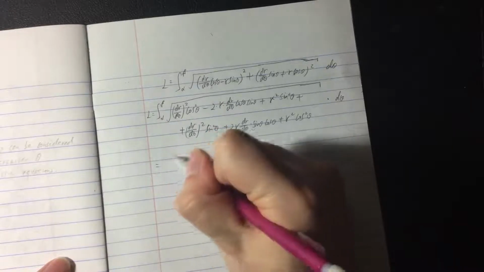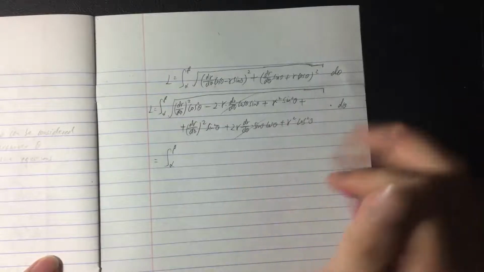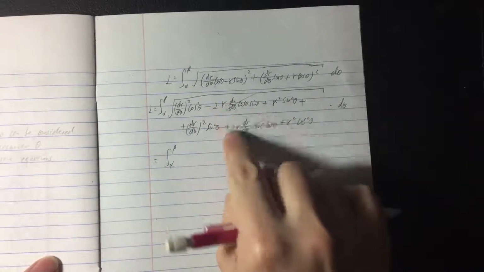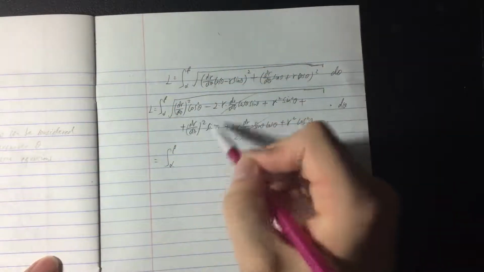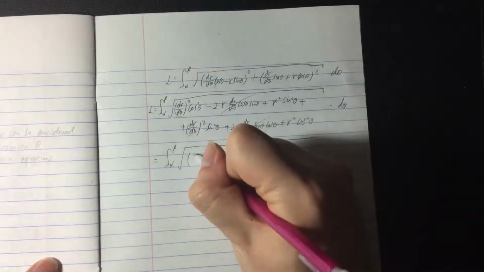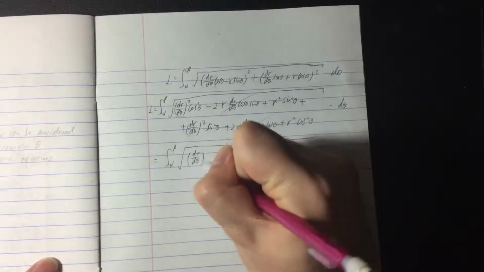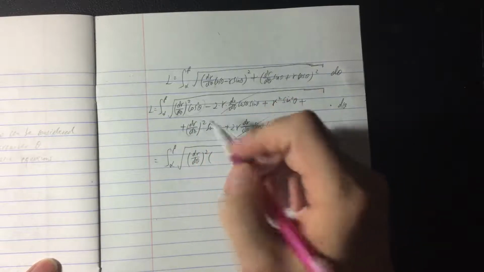Then these two terms get cancelled. They look exactly the same but have opposite sign. For these two terms, they have common factor (dr over d theta) squared, so I pull it out, and what's left is cosine squared theta plus sine squared theta.